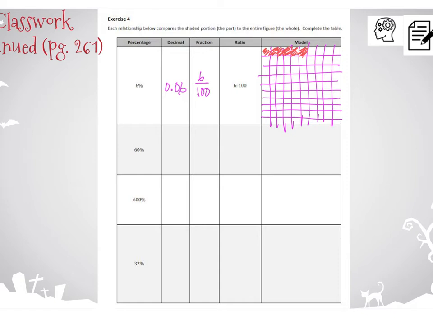Okay, now we're going to go over to 60. Okay, 60%. This is back to kind of what we were working on. I can either write this, or I could also add a 0, but the 6 is in the tens place. And so that is 60 over 100, 60 out of 100, or you could write 6 out of 10. It's okay. My ratio, though, I'll include the 60 and the 100.